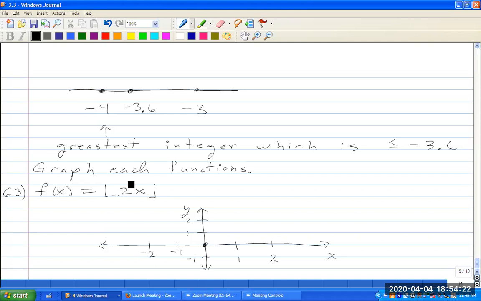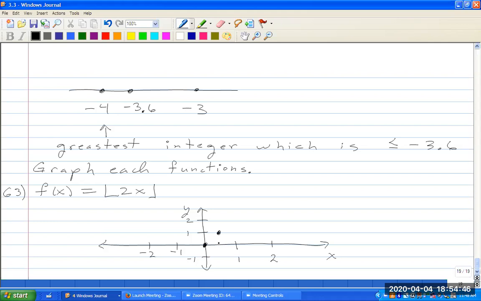So if you plug in 0, you get 0. If you plug in any number between 0 and a half, well, let's see, the greatest integer of a quarter is 0.